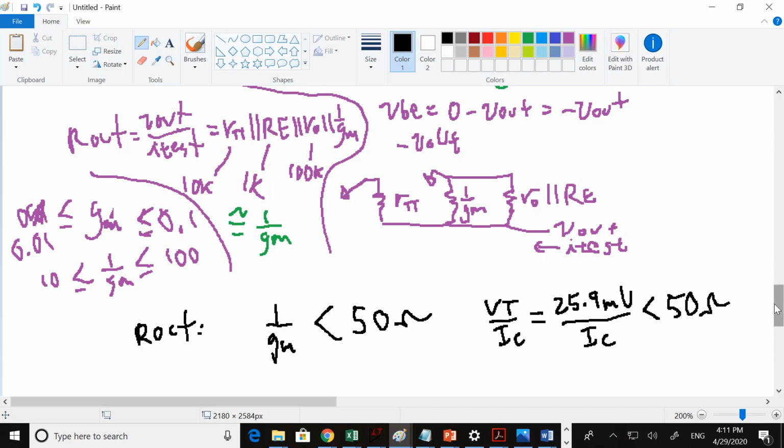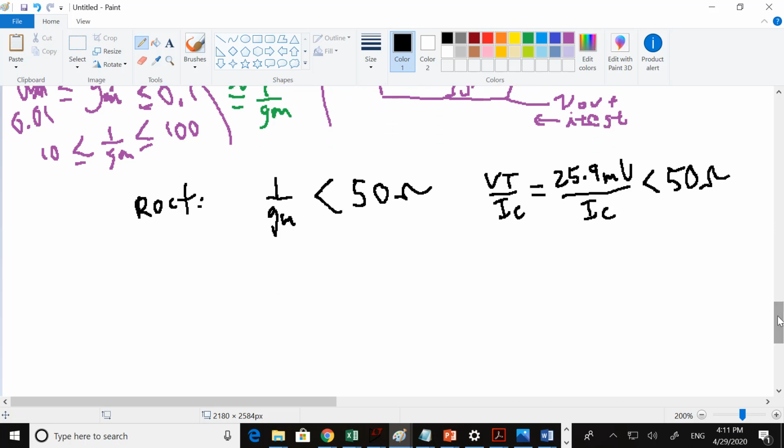So your IC, do it this way, IC has to be greater than 25.9 millivolts over 50 ohms, and that actually comes out to, what did I get, 0.52 maybe.